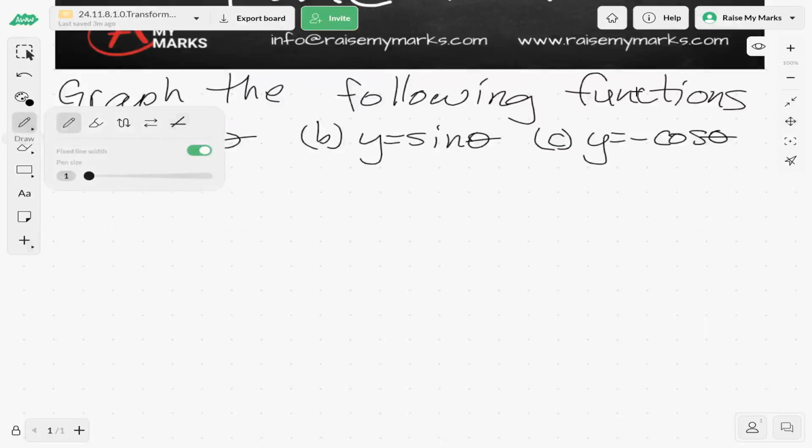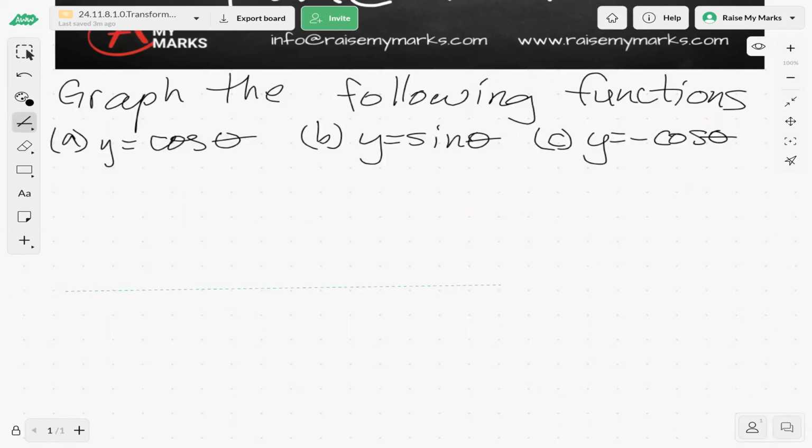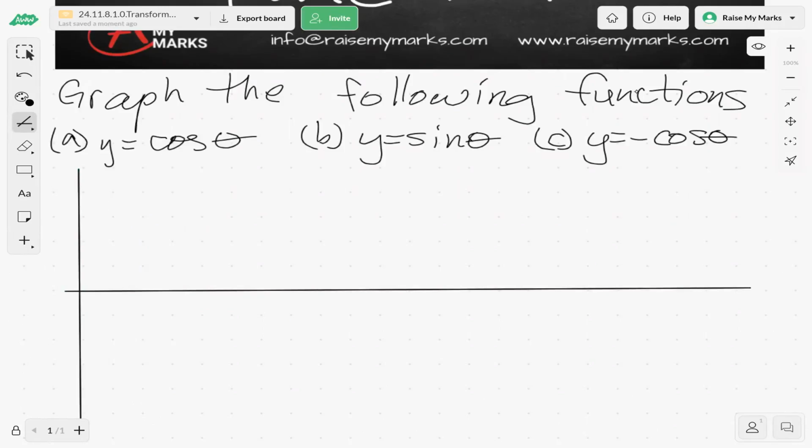Okay, so why don't we start by drawing some axes? Let's do one period of each of these. So we've got our axes. Let's mark off one period worth. One period for the sine and cosine functions is 360 degrees or 2 pi radians.